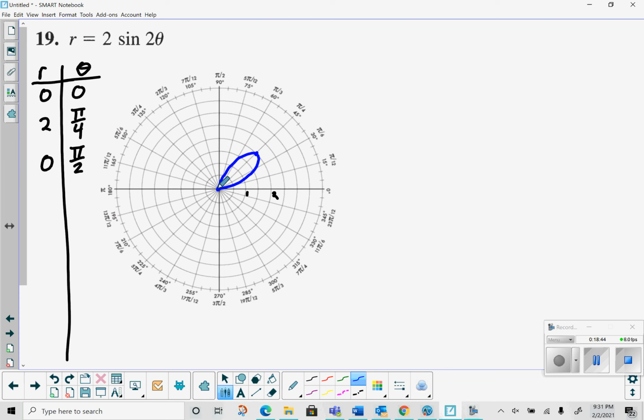And again, because of the symmetry that we find with these roses here, nice and even, we know there are 4 of them. This one here is centered on pi over 4. We should be able to figure out the rest of them pretty easily also.